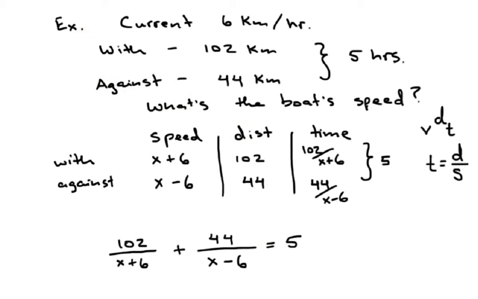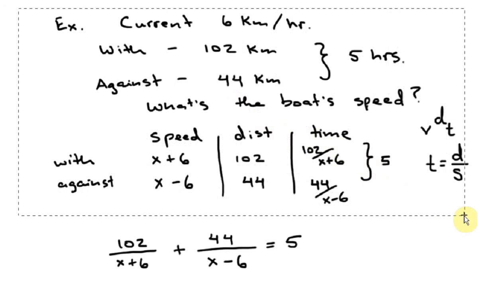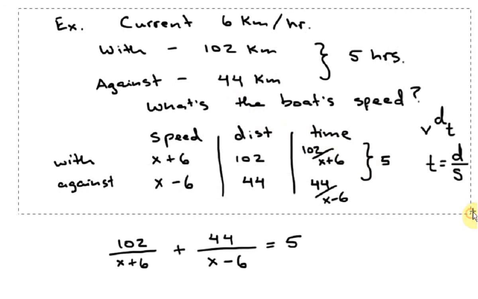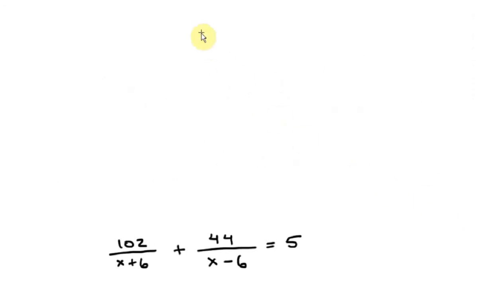So I'm going to clear off the top of this page here. I don't want to clear the whole thing because I like my equation at the bottom there. So let's just make some room here. And now we can get back to work. So in order to continue to solve this, I am going to multiply every term by x plus 6 and x minus 6.